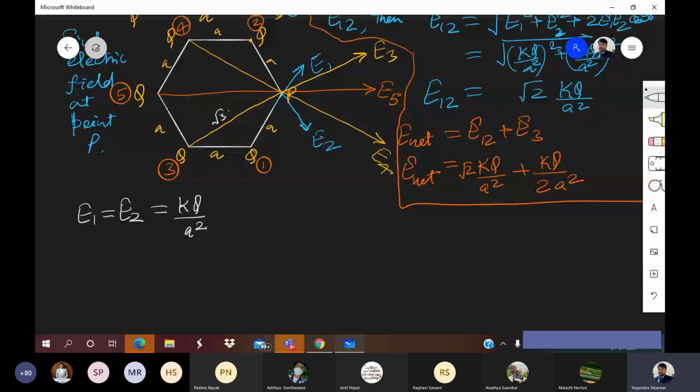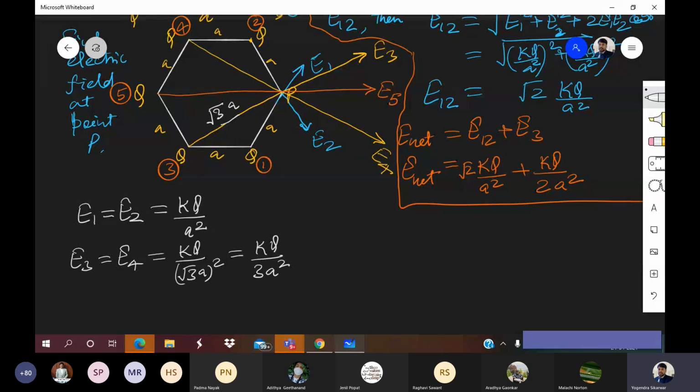This distance will be root 3 A, so E3 and E4 will be KQ upon root 3A whole square, and that came out to be KQ upon 3A square.